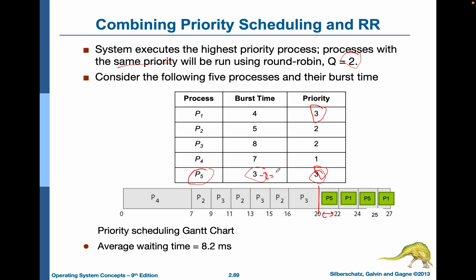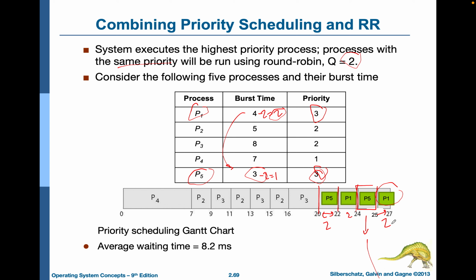So minus 2, you're going to have another 1 after that. After 2 here, you continue with P1, but only 2. Remember, minus 2, you have 2. Now you go back to P5, but it's only 1 here. And for P1, you have another 2.